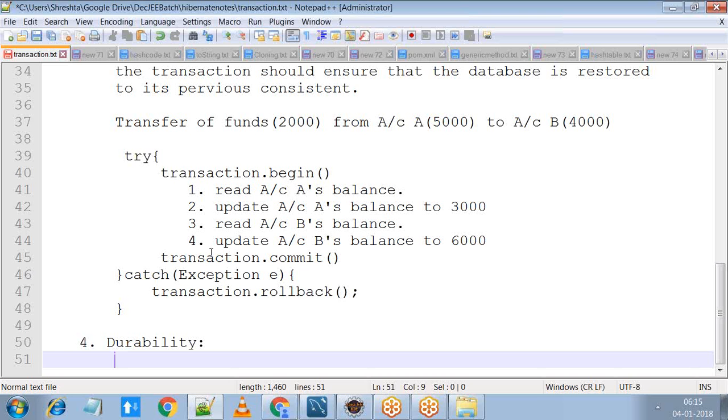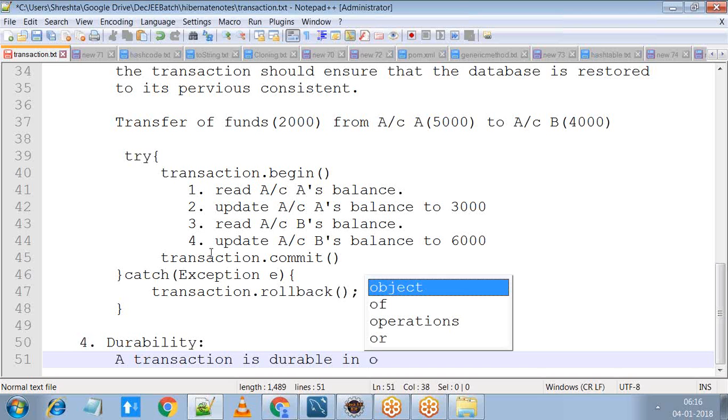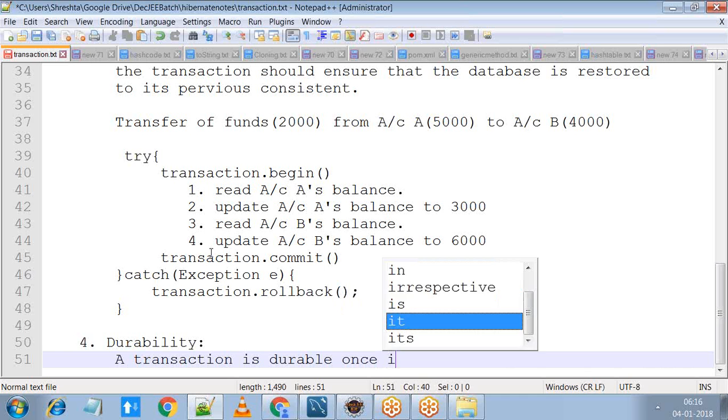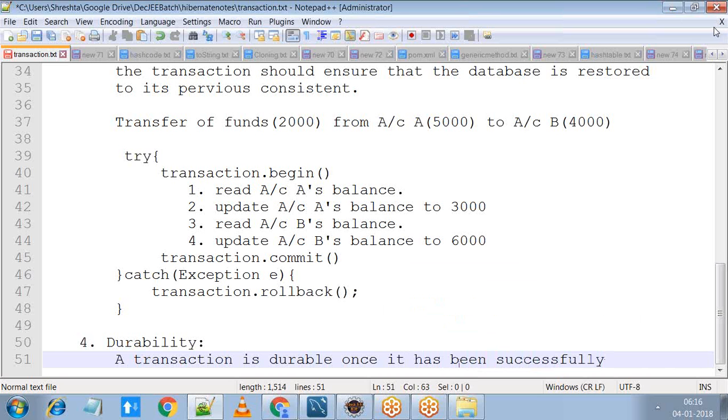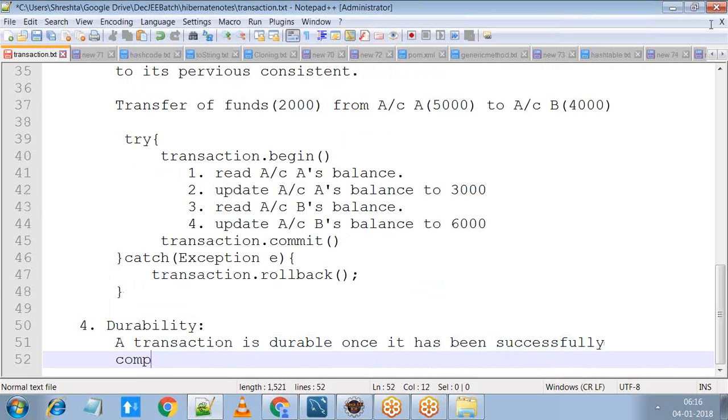Yeah. So when we talk about durability, it means a transaction is durable once it has been successfully completed.